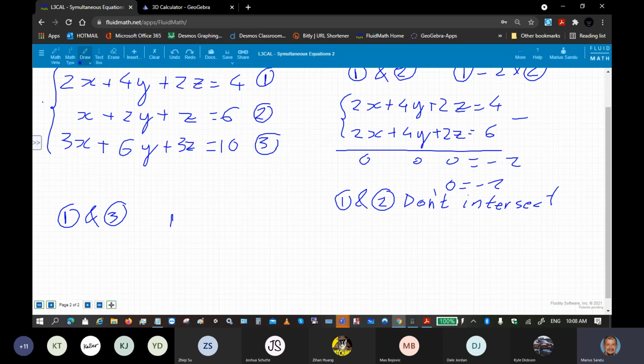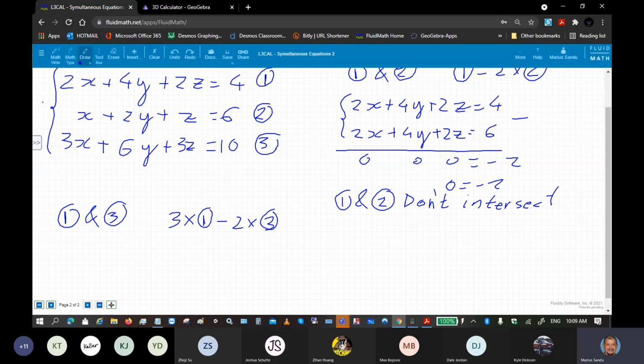So to make the top one 2x into 6x, I'll need to multiply by 3 times equation 1 minus, to make 3x into 6x, 2 times equation 3.